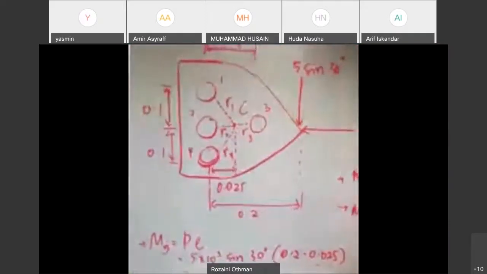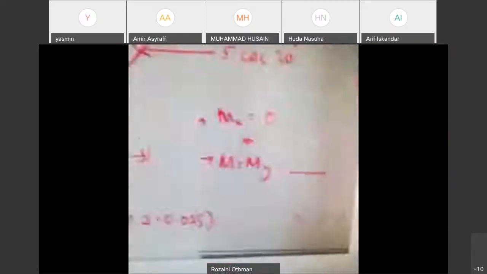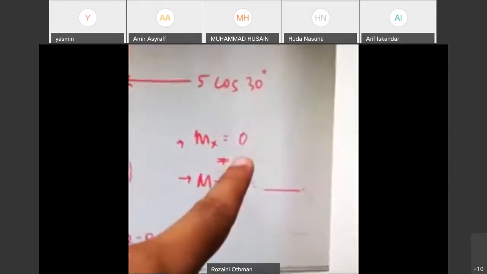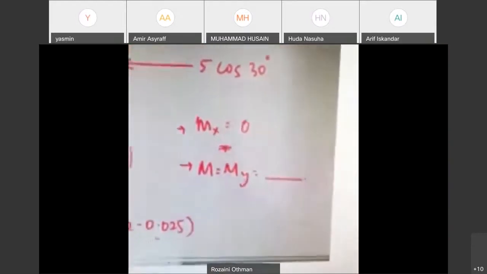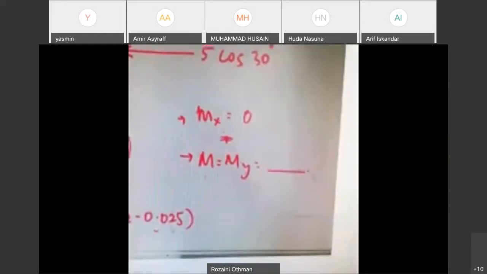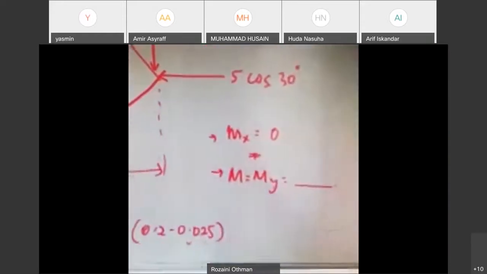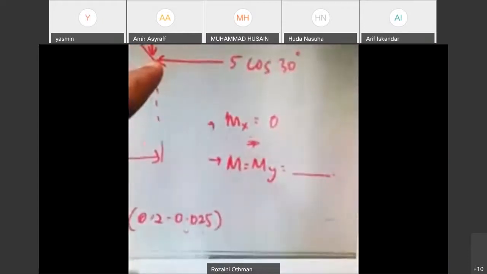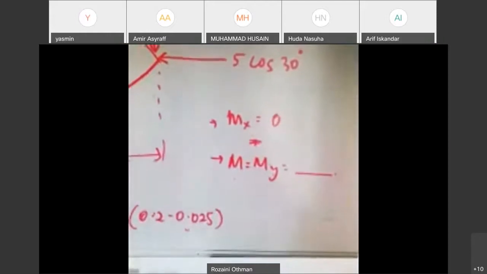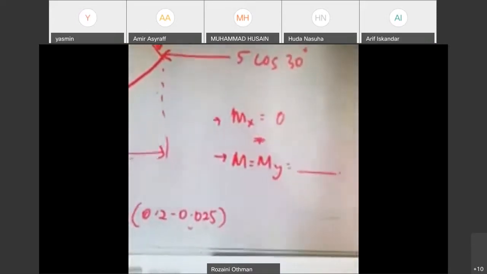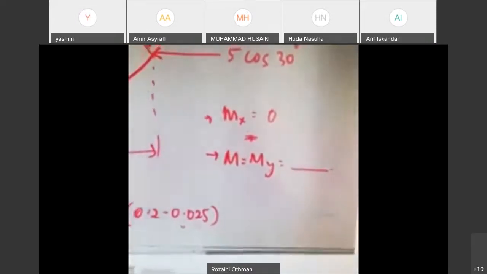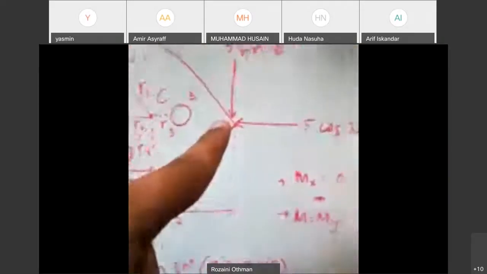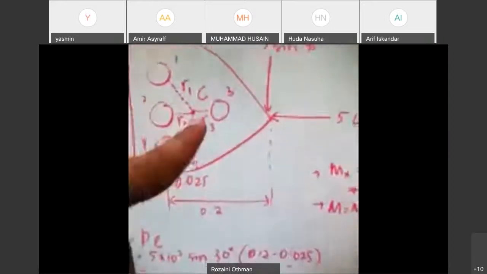That is the moment due to load Y. Then in X, the moment due to force X is 0. Why is it 0? Yes, we have a force in X, but there is no perpendicular distance between X and the centroid.